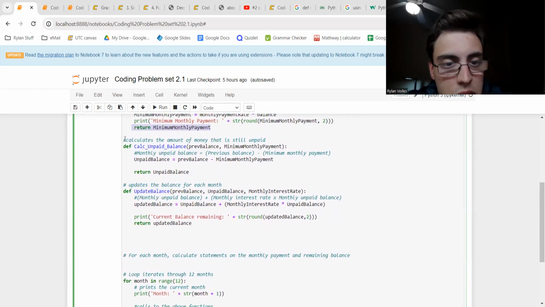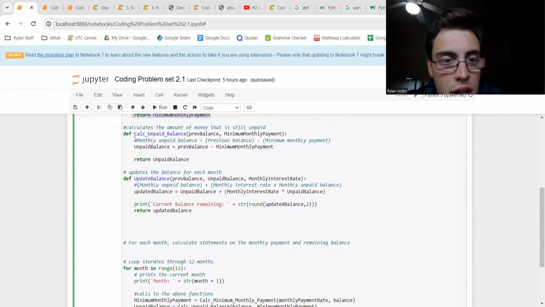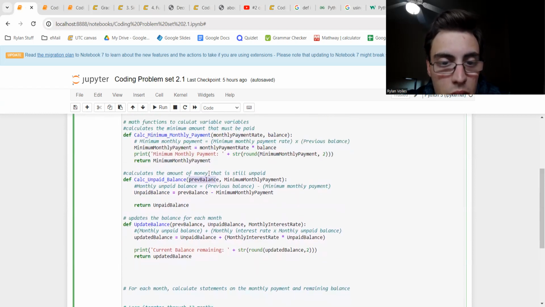The next function calculates the amount of money that is still unpaid. It is called the calc underscore unpaid underscore balance. It uses a previous balance variable and the minimum monthly payment.